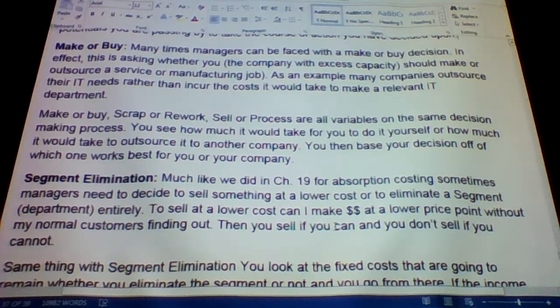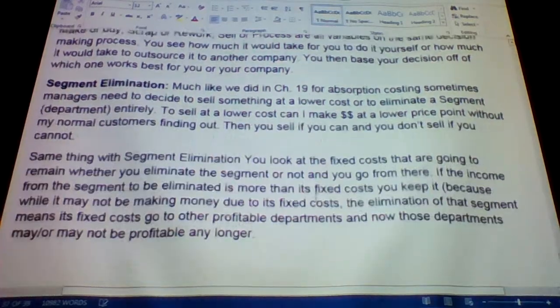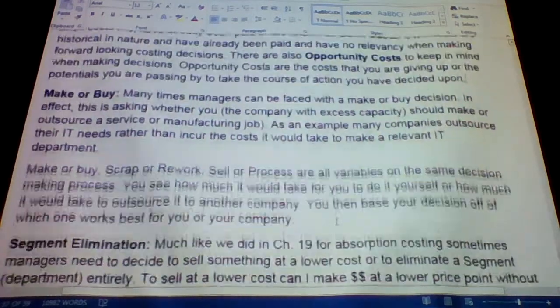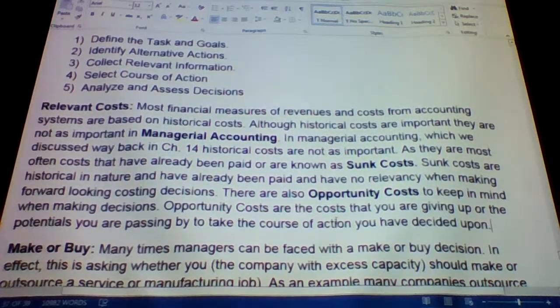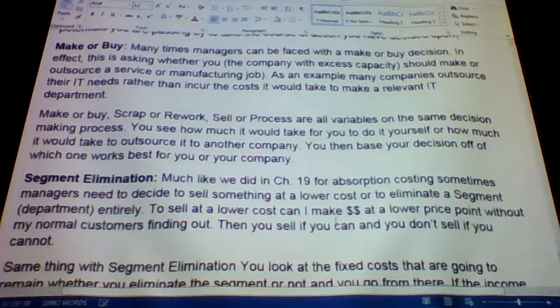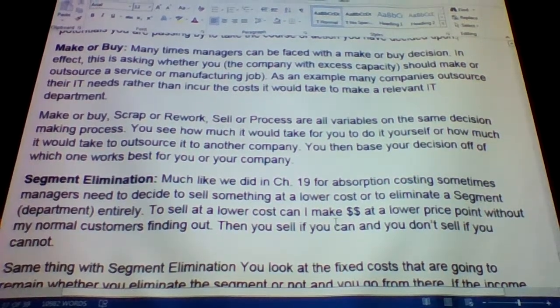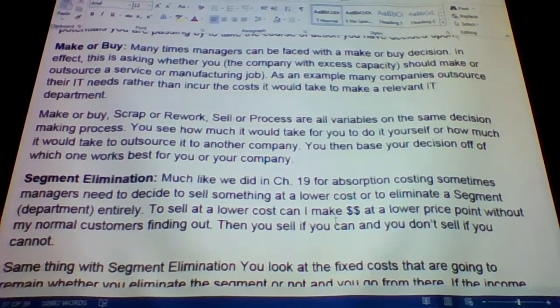Okay, make or buy. Now, a lot of this stuff is from chapter 17 and chapter 19, and they are things that we've talked about a whole lot. So we're going to talk about make or buy. Many times managers can be faced with a decision whether to make something or to buy it elsewhere. In effect, this is asking whether you, the company with excess capacity, should make or outsource a service or manufacturing job.